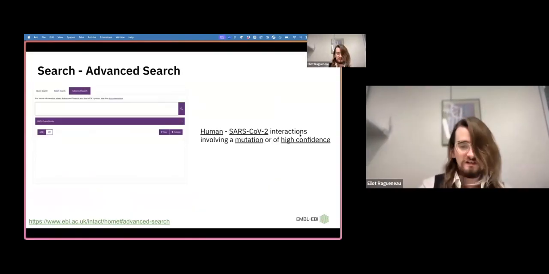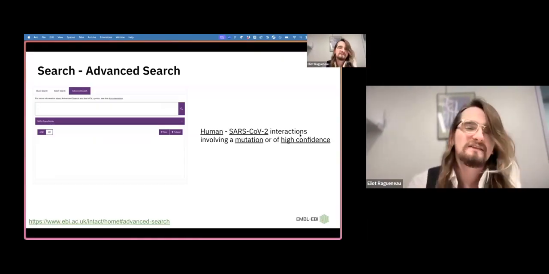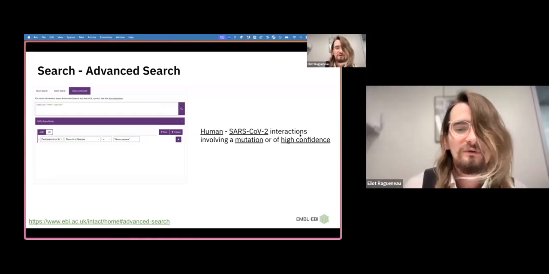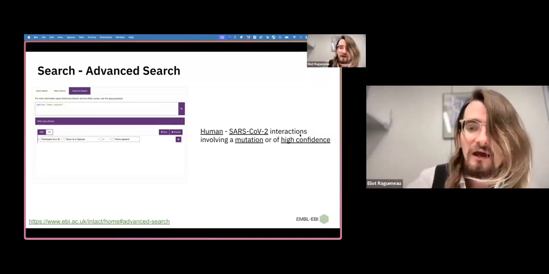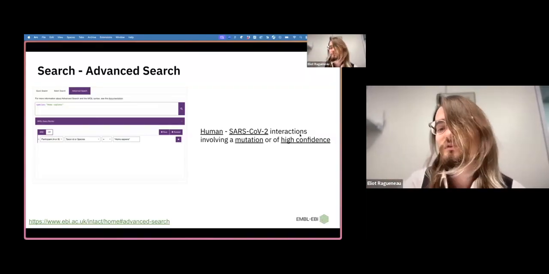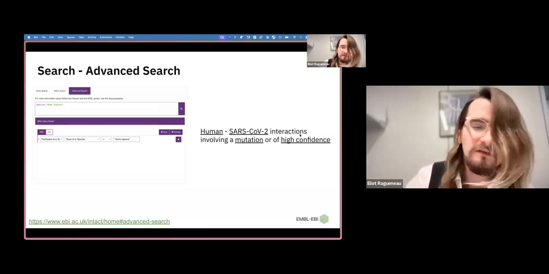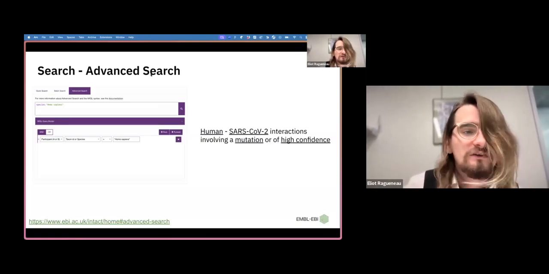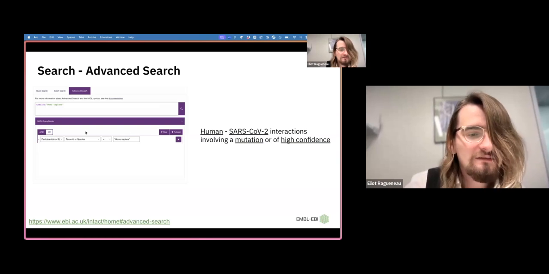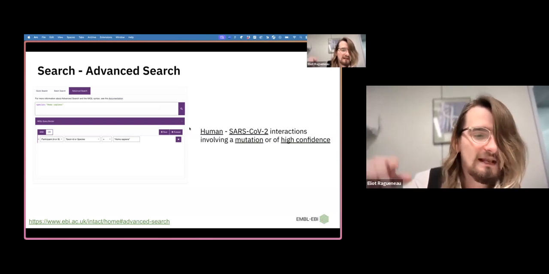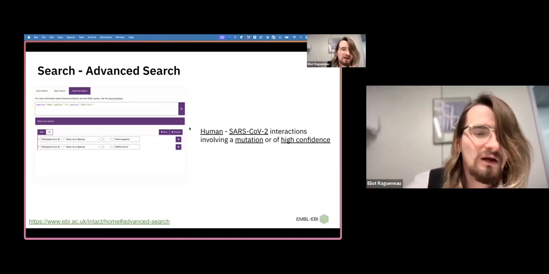The last method, which is the more complicated but also the most powerful, is the advanced search, as it allows you to use a complex query language to do really complicated queries. For instance, let's say you are interested in human SARS-CoV-2 interactions involving a mutation or of high confidence in general. You could say species Homo sapiens, and using the UI below, you can also select from the different fields available.